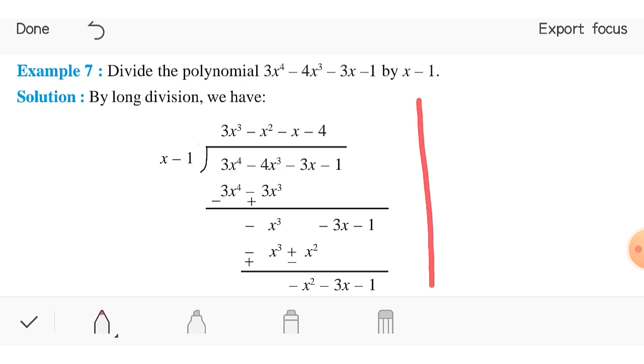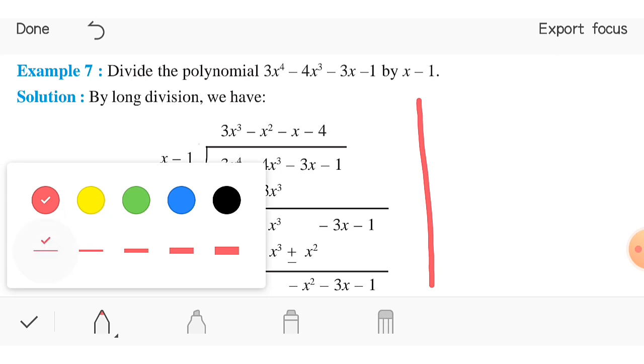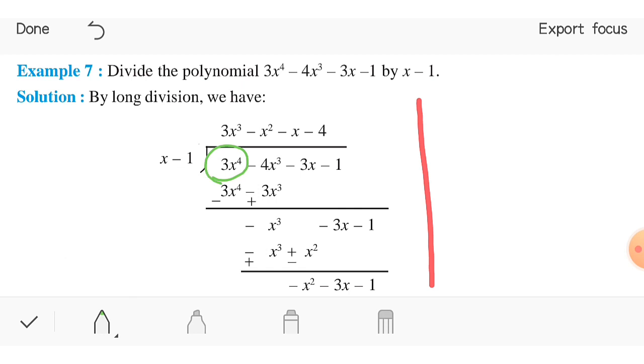First we have to take the first term in the dividend part, that is 3x power 4, and divide it with the first term in the divisor, that is x. x and x cancel, we get 3x cube. So 3x cube will be taken in the quotient part.